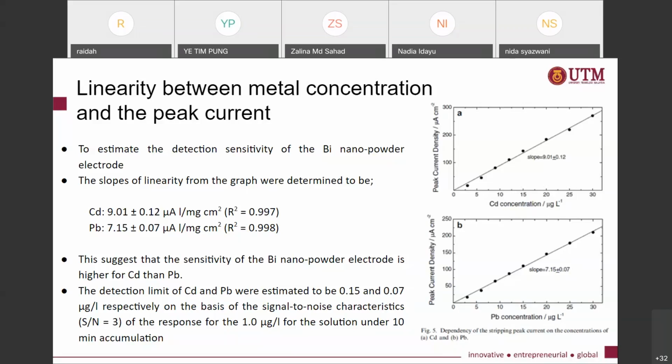In addition, the peak current is significantly influenced by the SW parameters such as the SW pulse height, SW frequency, and SW step height. As the SW pulse height, frequency, and step height increase, the peak current increases in value, as shown in the figure. Okay, that's all.